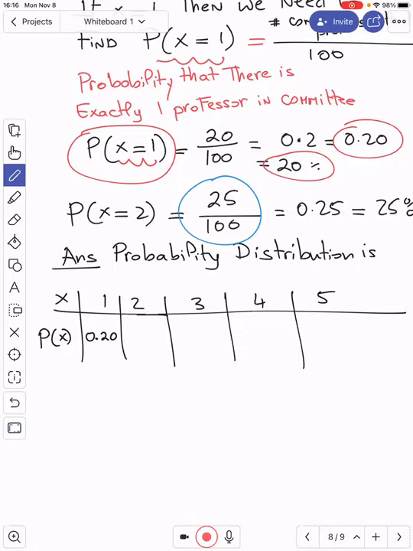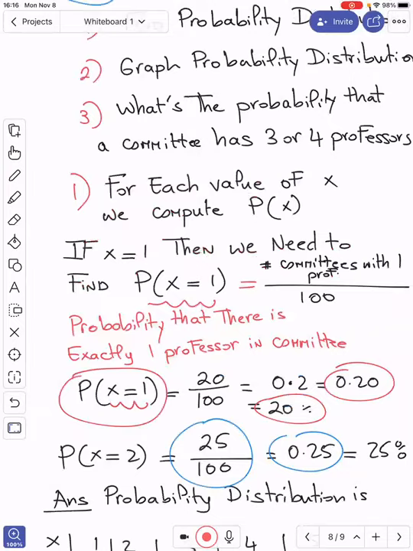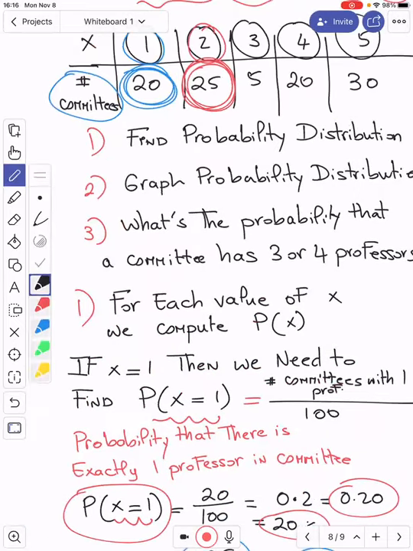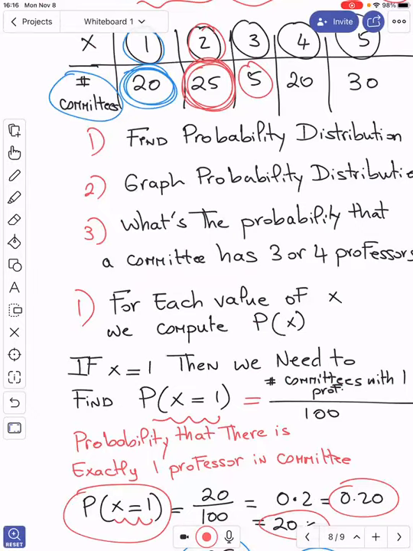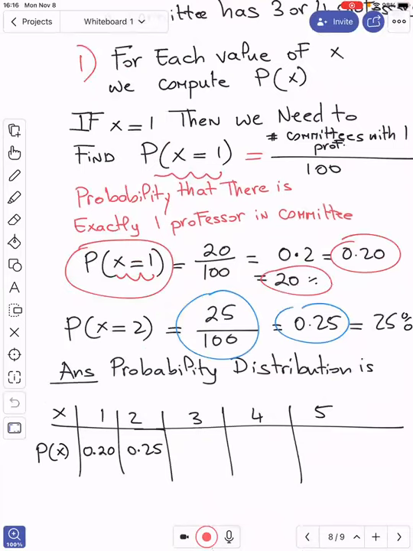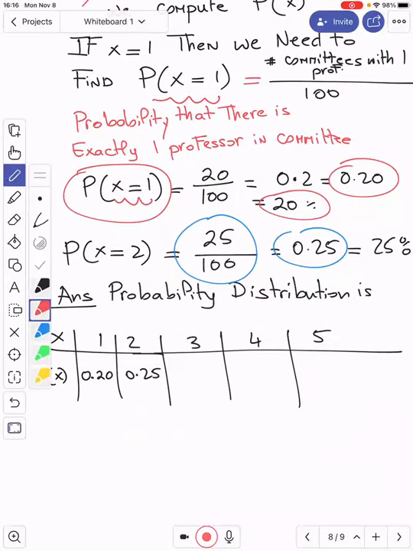That will be 25 out of the 100, so that's 0.25. We do the same for 3. For 3, we have 5 committees out of 100, so 5 over 100, of course, is 0.05.